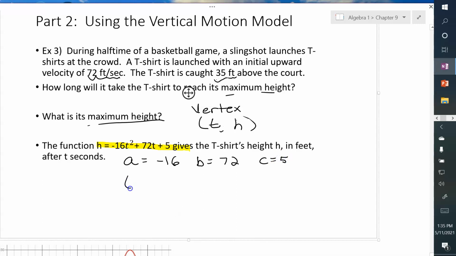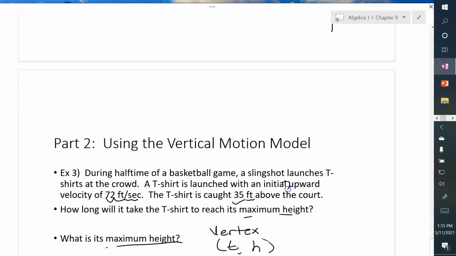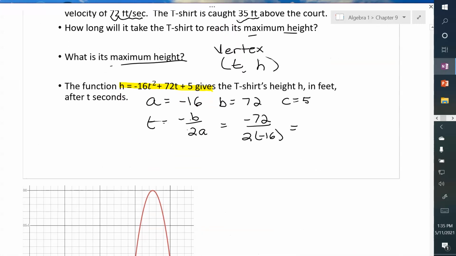Our axis of symmetry is going to be t equals negative b over 2a. So I'm going to get negative 72 over 2 times a negative 16. And when I punch that in my calculator, negative 72 divided by negative 32, I get 2.25. That's how long it takes to get to that maximum height.